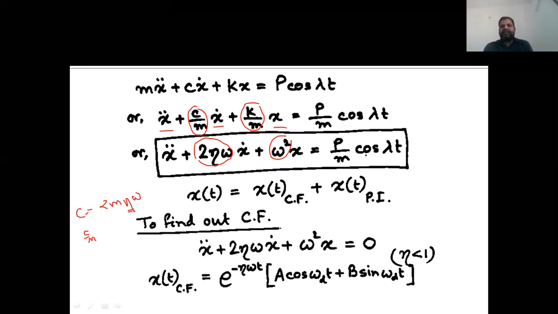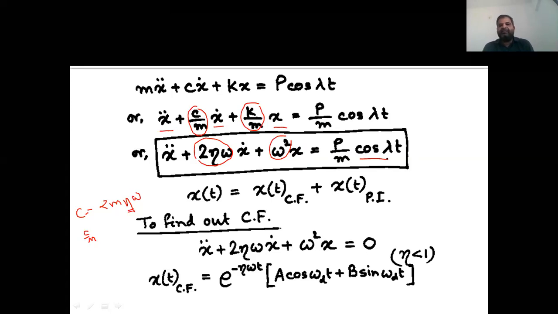Now, to bring the solution of this differential equation in terms of x of t, I need to find the form of the solution. So again, you need to go back to your mathematics book and see that this is a second order differential equation equal to a harmonic function, meaning cos lambda t or some cos theta.